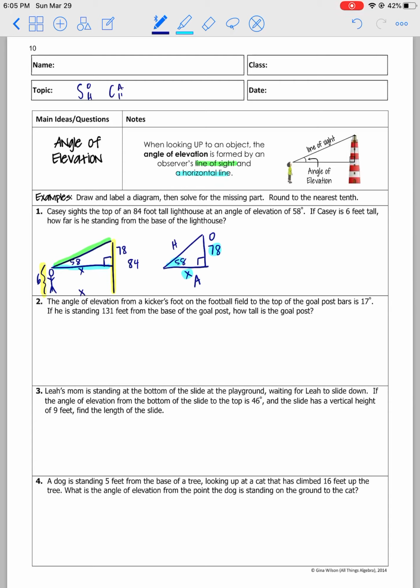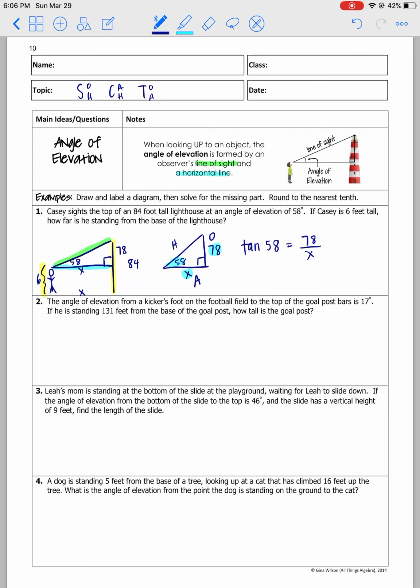SOH-CAH-TOA. We can clearly see that tangent is the one that deals with opposite and adjacent in that order. So tangent of the angle, tangent of 58, equals opposite 78 over adjacent x.